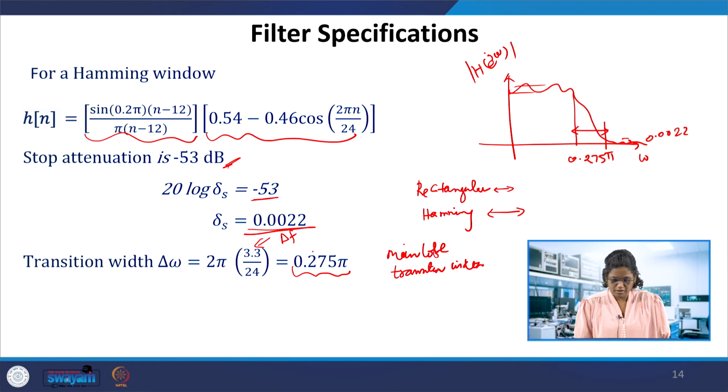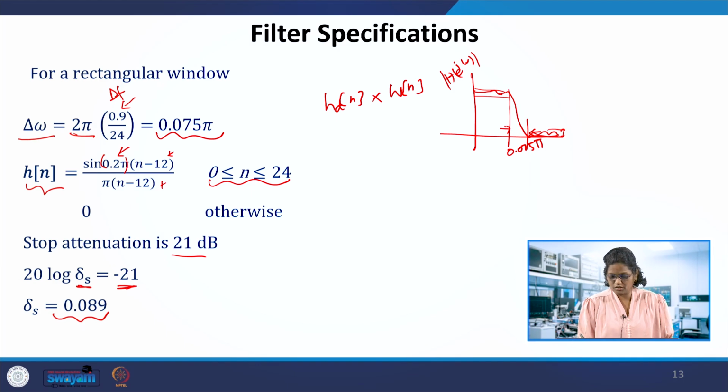The design can be made here. The order is fixed, so for the given order we can have either an increased transition width with the Hamming window, or a reduced transition width, with more ripple, using the rectangular window.